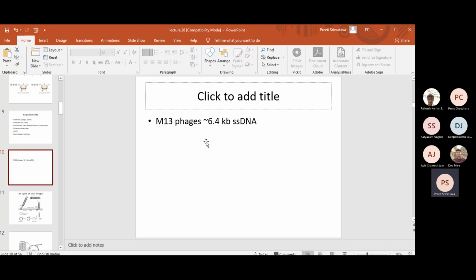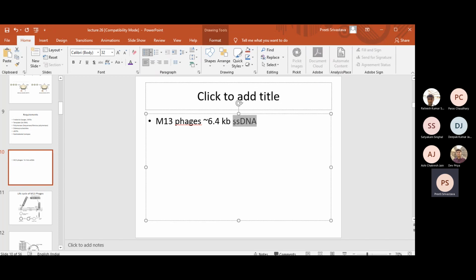M13 phage was used, which has a small genome of 6.4 kb. What is important to note is that unlike lambda phage, whose genome consists of double-stranded DNA, in M13 phage the genome is single-stranded DNA. This is important to remember.